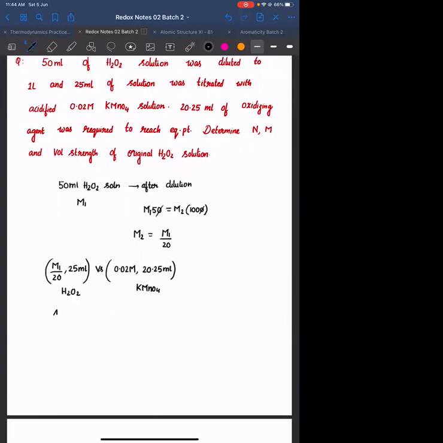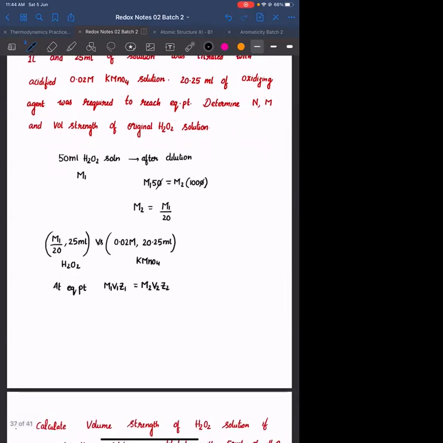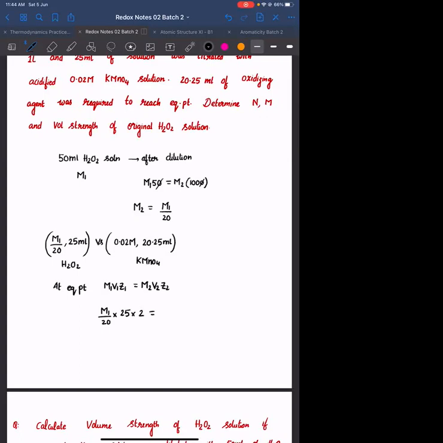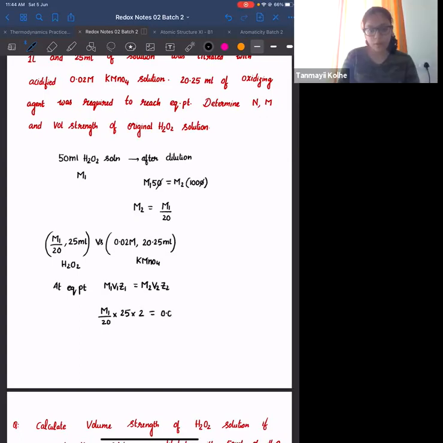So at equivalence point or at end point, M1 V1 Z1 must be equal to M2 V2 Z2. मतलब यहाँ पे M1 upon 20 into what is the volume? 25 ml into what is the Z factor for H2O2? It is 2. This must be equal to M2.